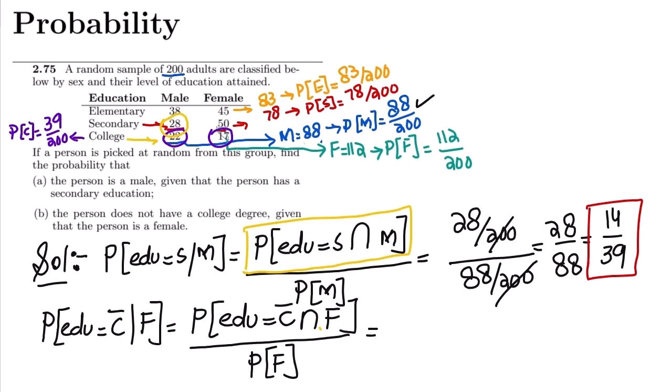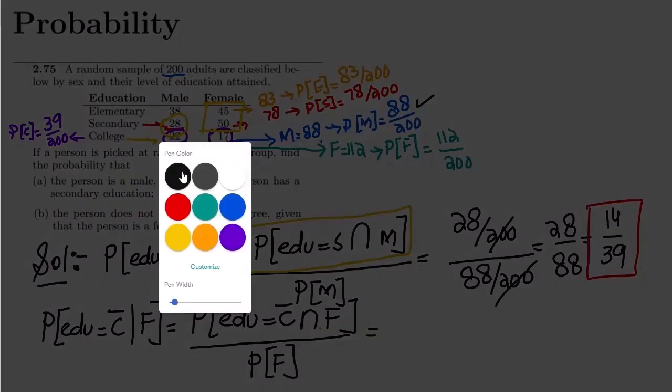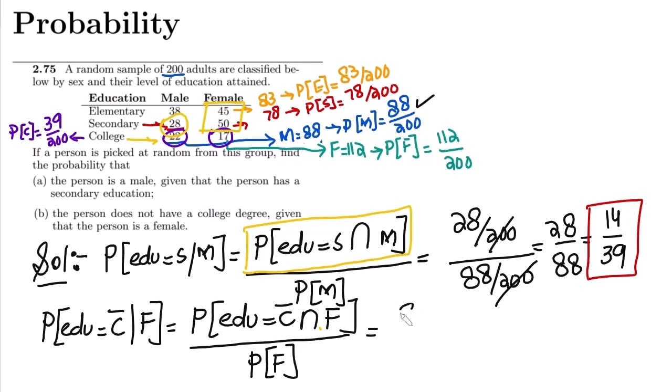That is what we will have here, in which the adult is a female and has elementary or secondary education. So that would be 45 plus 50, and writing it here, 95 divided by 200, because the total number of adults here is 200.